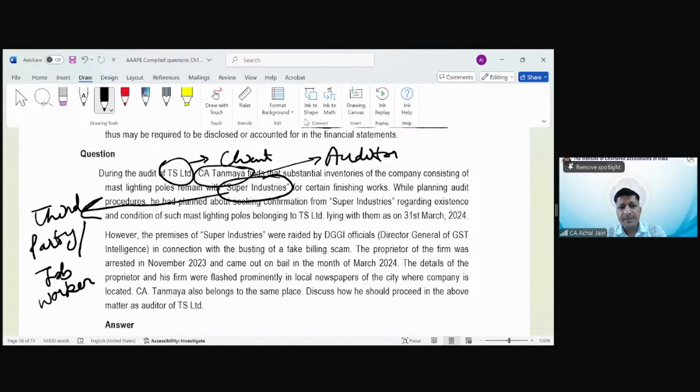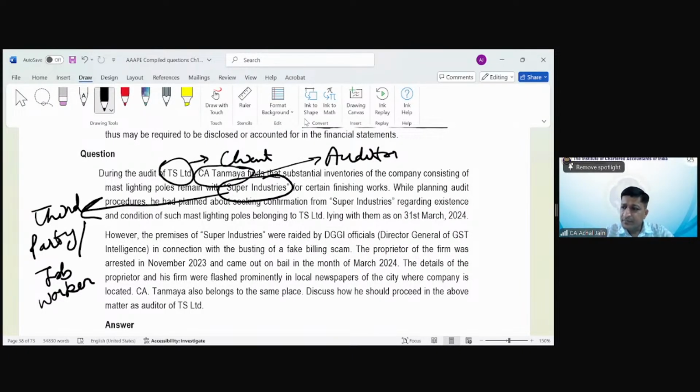Sir, here inventory lies with a third party, so the auditor can get confirmation from the third party, but actually the third party is getting involved in some investigation by the GST department. So his integrity is doubtful.